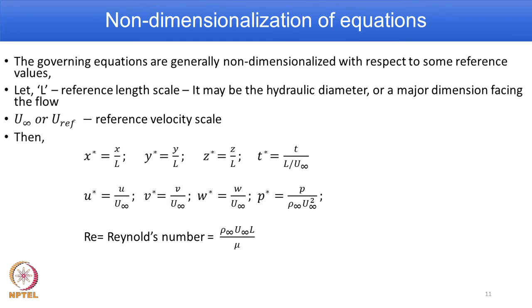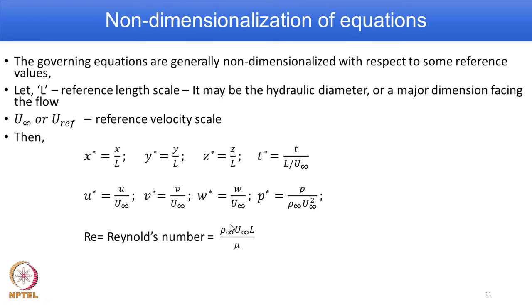And we have just now seen different non-dimensional numbers. So, the Reynolds number appears in the momentum equation when you non-dimensionalize, and we know the definition of the Reynolds number is the ratio of inertial force to viscous force. And if you use these non-dimensionalized quantities, then finally you end up with the expression for the Reynolds number as rho infinity u infinity L by mu.